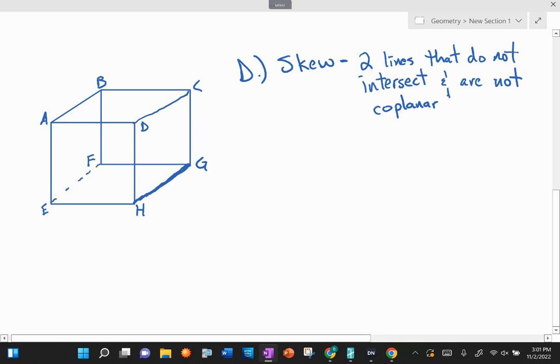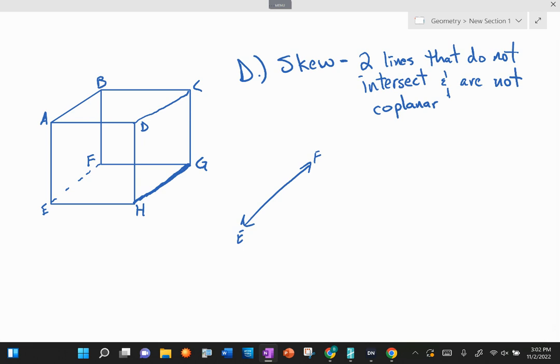So he said EF, which is this line right here. Okay, so we have this line, EF, right? And then he said HD, which is on a different plane. It's this vertical line right here. Will those intersect?